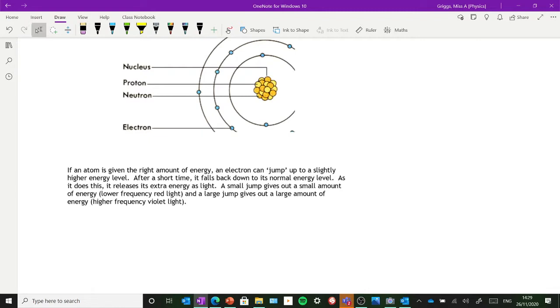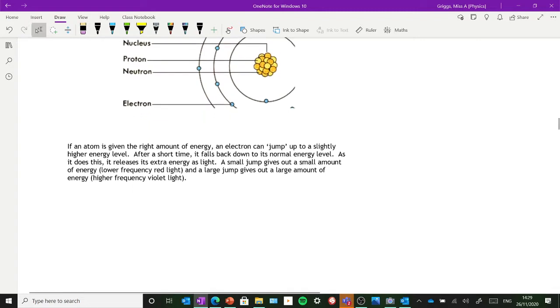Electrons tend to want to be on the most stable level, which is the one closest to the nucleus. So they can jump up, but they require some energy to do that. But quite often they'll just fall back down again. And when they do that, they give off energy, and that's usually in the form of light. So that's where you get the light from.